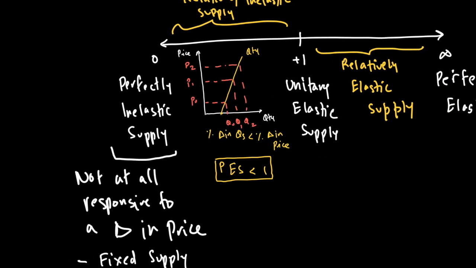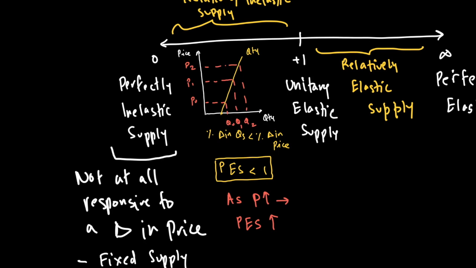So although PES is less than 1, as quantity or price rises, PES will rise. The good will become more and more responsive or elastic to a change in price, because as the price goes up, producers become more and more responsive.